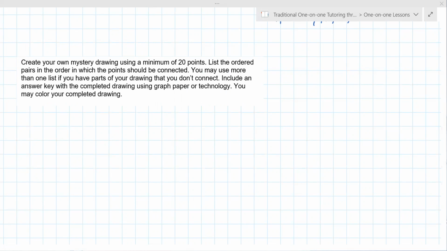So the idea here is, I'm going to grab a graph for us, and we're going to maybe draw something, or I'll give you some ideas here in the time that we have.